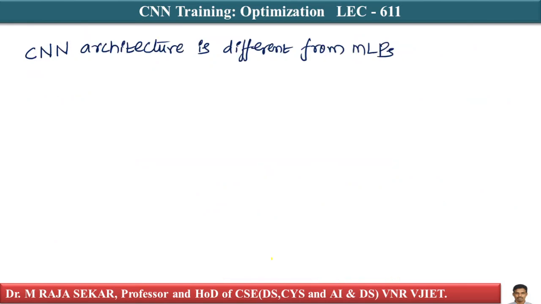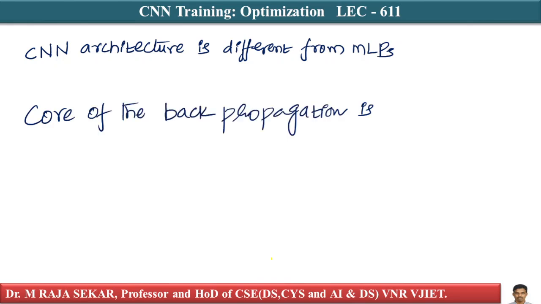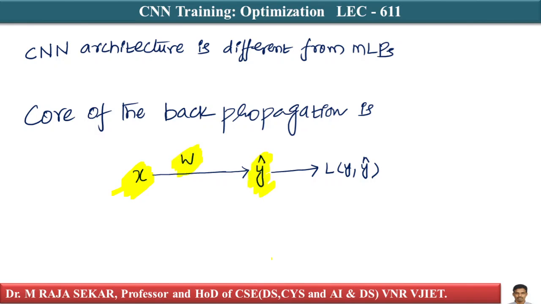Whenever you are designing a new architecture like convolutional neural networks, remember, CNN is a very different architecture to multi-layer perceptrons. But the core of backpropagation is, if you have X, whatever you do in between, I don't care. It has some parameters W, I get Y cap, and I have a loss function.